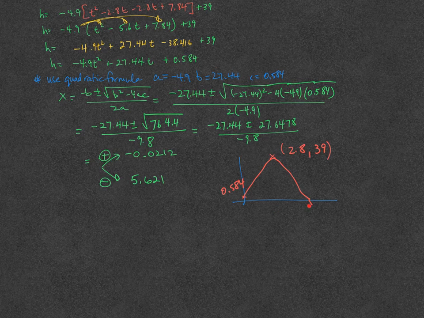The zeros would be on either side, equidistant apart. The one zero we see is over here at negative 0.0212. And since we're talking about time and height, and time can't be negative, we're going to ignore this zero. The other zero happens at 5.621, so the ball hit the ground at 5.621 seconds.